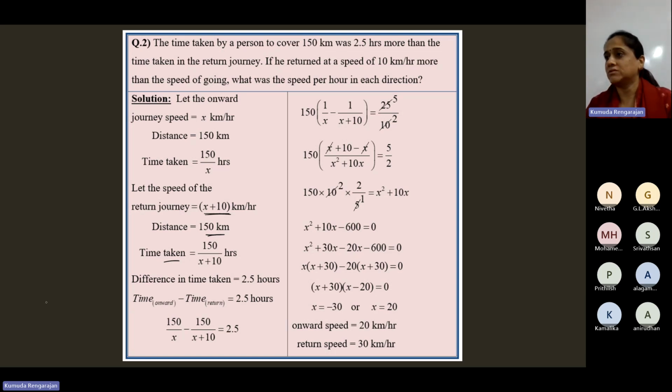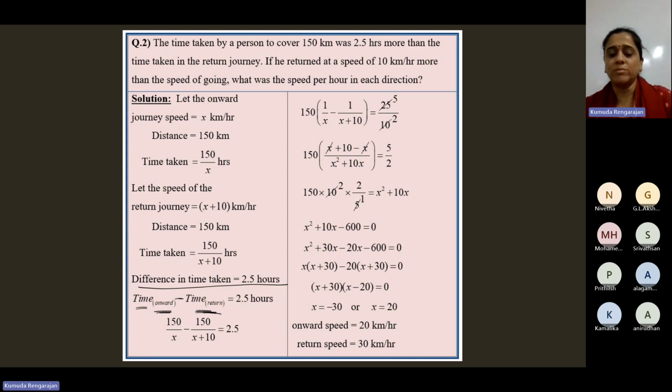Now the equation. After the assumptions is the equation. Equation is: difference in time taken is 2.5 hours. So the time taken during the onward journey minus the time taken during the return journey is equal to 2.5. I've taken 2.5 as 25 by 10, then 5 by 2 I've written.